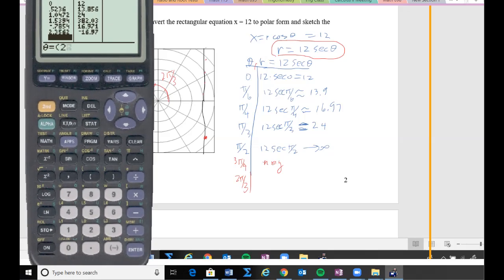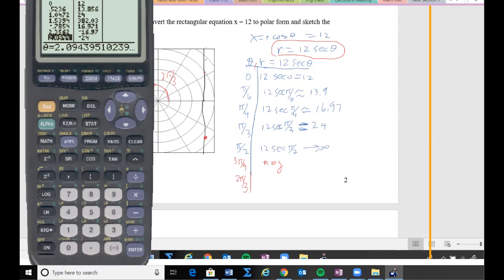Two pi divided by 3. Okay, negative 24. Remember, pi over 3 was 24, and this one's negative 24. So it kind of mirrors what we're doing here. The farther we get away from the pi over 2, we're just picking up a mirror image of what we saw here.